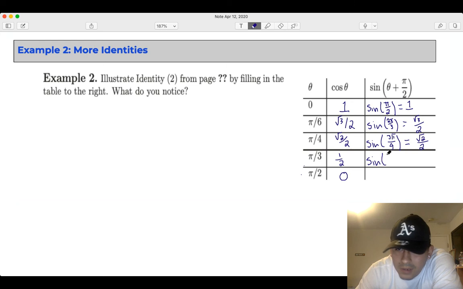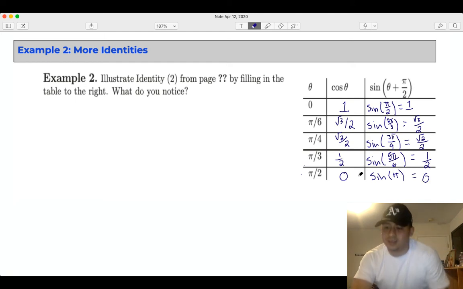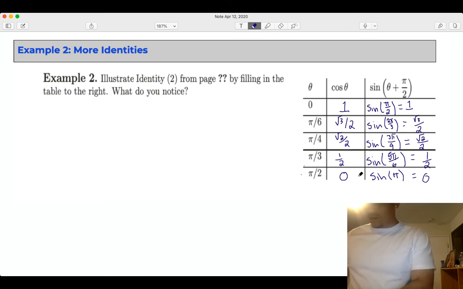Pi over 3 plus pi over 2 gives me 5 pi over 6, and the sine of 5 pi over 6 is 1/2. Then I'm going to have pi over 2 plus pi over 2, which is just pi, and the sine of pi is in fact 0. All right, cool. So we were able to verify that.